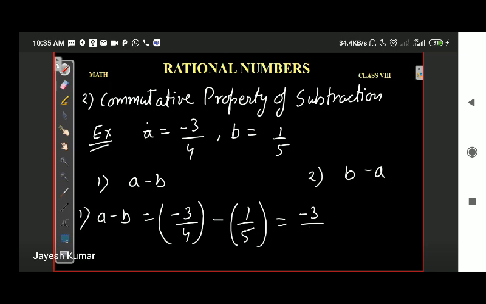This will be multiplied in numerator and denominator by 5, minus 1 upon 5 multiplied in numerator and denominator by 4.